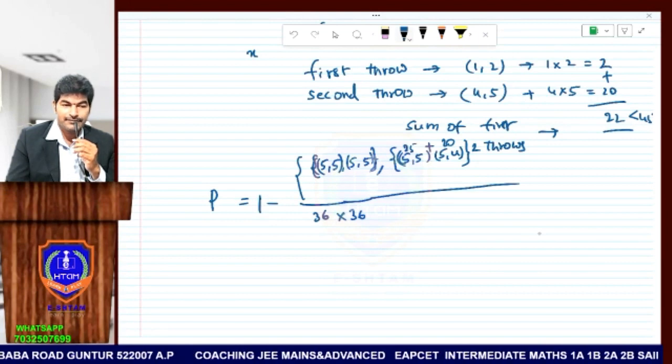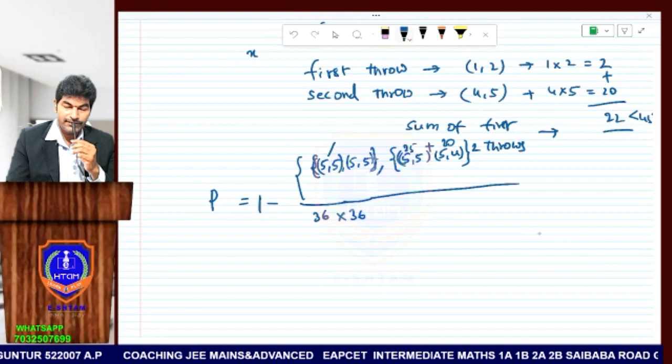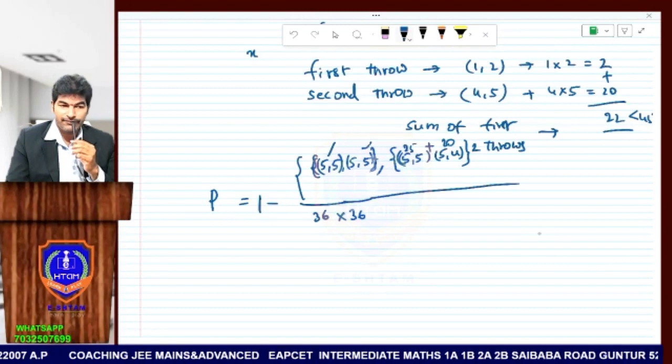And next, we cannot select 5-5 again. If 5-5, what is the next event? 5-4. First we will start with 5-5, the first event, and the next will be 5-5.